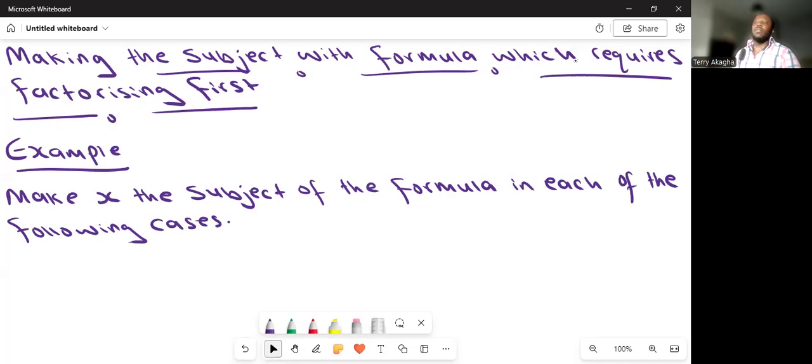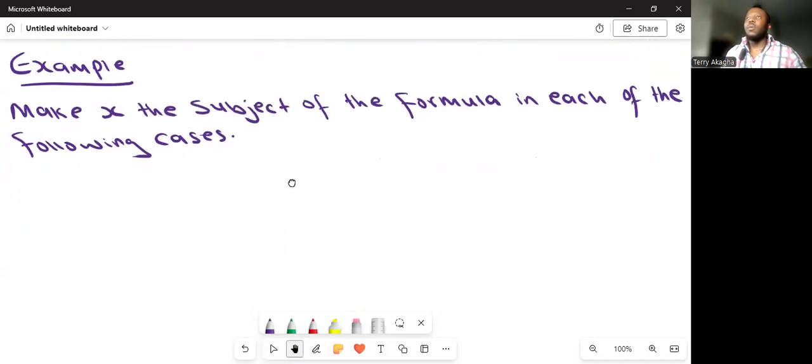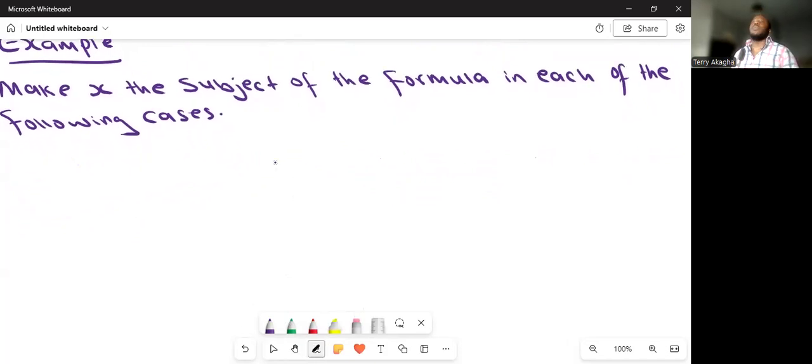Okay, so let's start with this one. We have this question here. Number one, we're told that we have b(x + z) is equal to c(y + x).